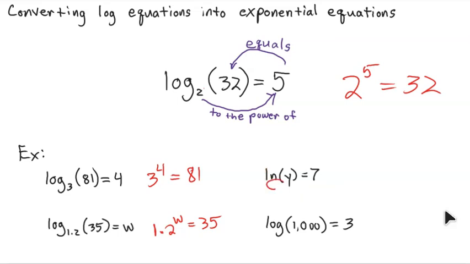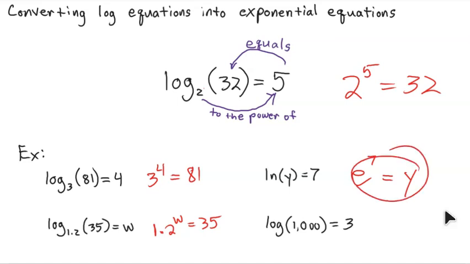All right, let's do this one now. We need the base of the logarithm. It's not showing a base, but we know that the base of the natural log is e, so it's going to be e to the 7th power equals y. And now this is our exponential statement.